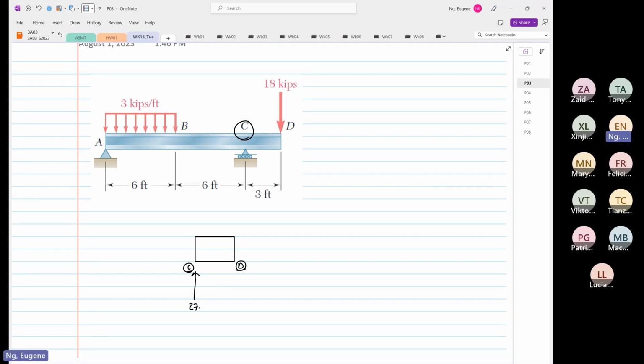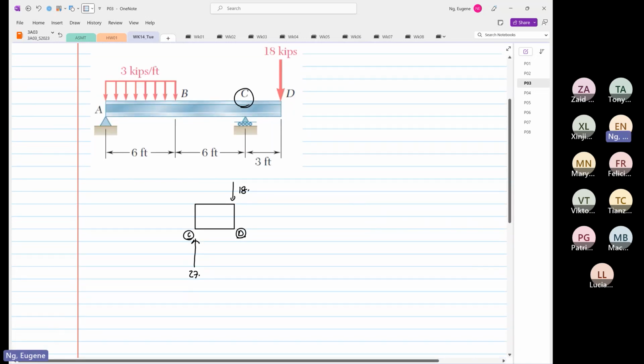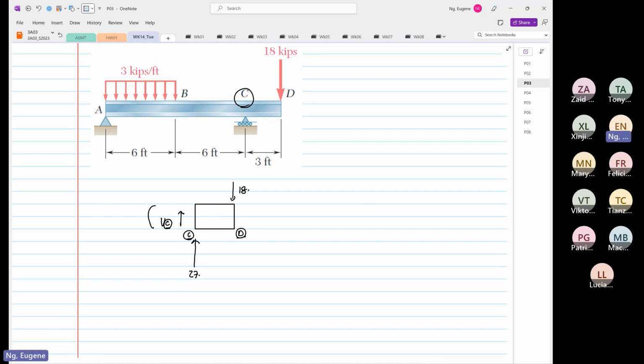Right? And then down here you have 18. Okay, so we are going to draw our shear force and bending moment from point C to point D. Now we are at point C. We are going to assume positive shear to be going up, and positive bending moment will be going in this direction.